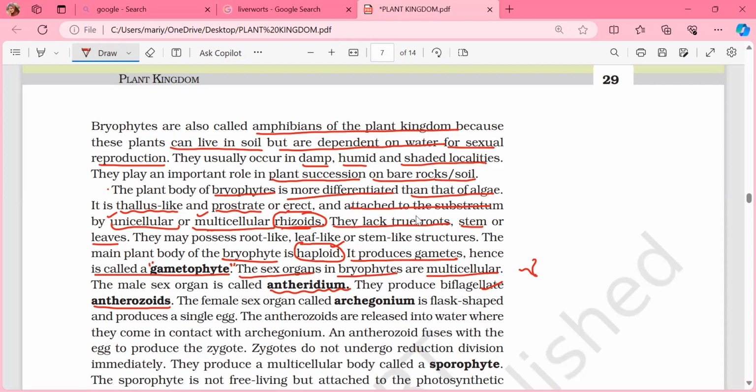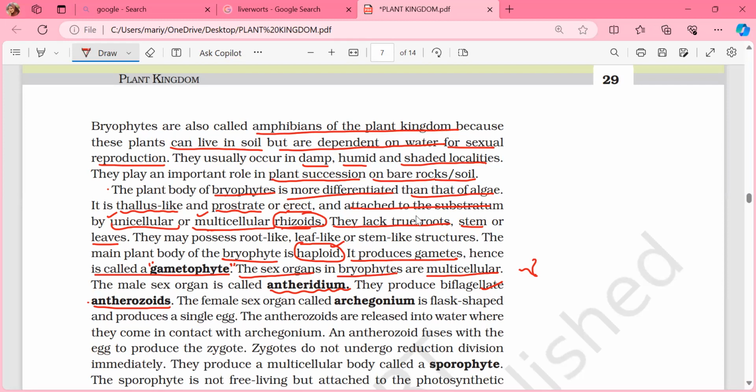Do you people know androecium? Same way, the male sex organ in the case of bryophyte is antheridium, and antheridium would produce antherozoids, and these antherozoids would be biflagellate, meaning they would have two flagella.